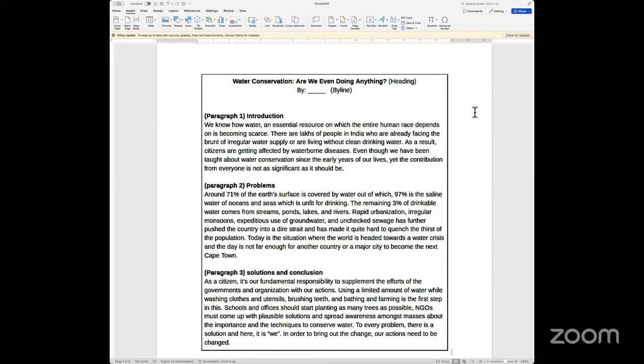Those kinds of topics would be discussed. So here, you're writing it in such a way that you're able to engage with the readers who are actually going to be reading the article.